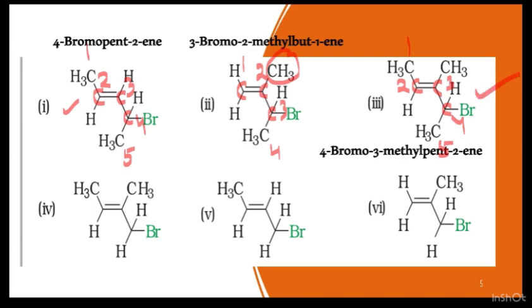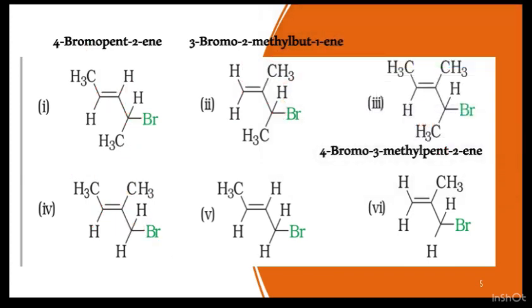Let us see the next example now. 4 carbons in the main chain. Now something interesting here, you number from any side, even if you number from this side or from this side, the double bond bearing carbons are getting number 2 and 3. So in any case, it is but-2-ene. Now I will start numbering from the side from where the other substituents, bromine and methyl, are also getting the lowest possible number.